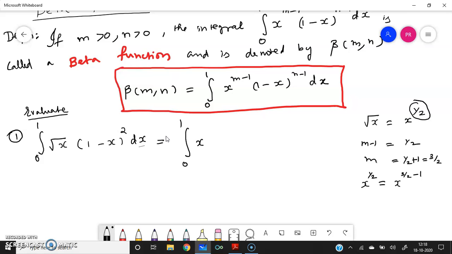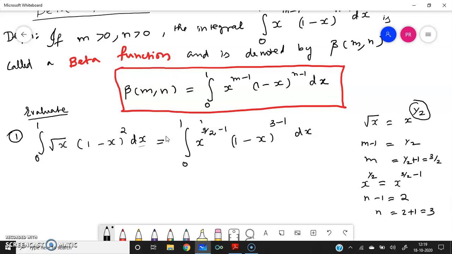So instead of square root of x, I will write x to the power of 3 by 2 minus 1. In the same way, (1 minus x) to the power of 2 can be written as (1 minus x) to the power of n minus 1. Here n minus 1 is 2, so n is 2 plus 1, that is 3. So I can write 3 minus 1, dx.